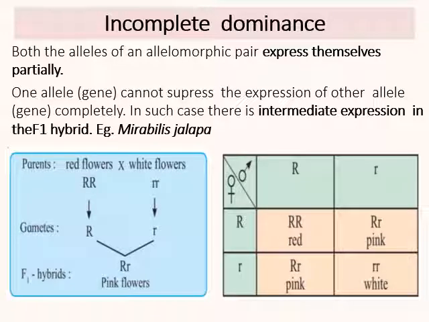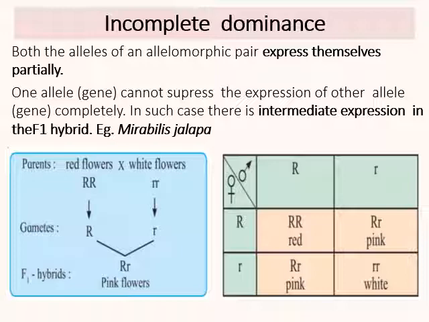While studying Mendel's law, we found that all plants obtained in F1 generation were of red flowers, but here in incomplete dominance, the flowers obtained were of pink color. Means it shows the intermediate color. Why does it show the intermediate color? Because here one allele does not suppress the other allele completely.